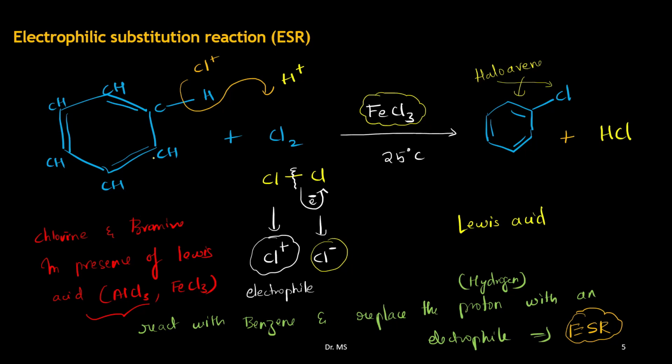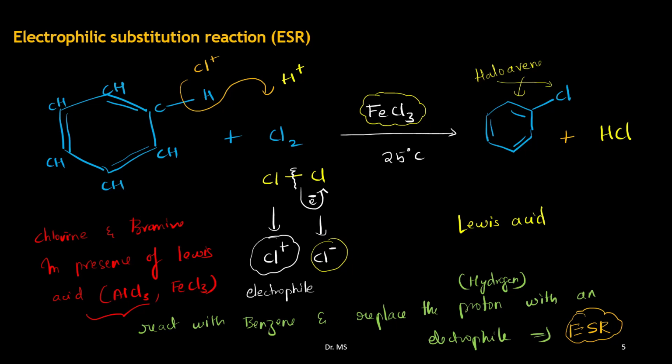This chlorine will attack the carbon and replace this hydrogen. The hydrogen is removed as a positive charge and the positive chlorine binds here. That's how you get a haloarene here. And the positive hydrogen will react with the negative chlorine and turn into hydrogen chloride. This happens in presence of a Lewis acid at 25 degrees Celsius. So this entire reaction is said to be the electrophilic substitution reaction.